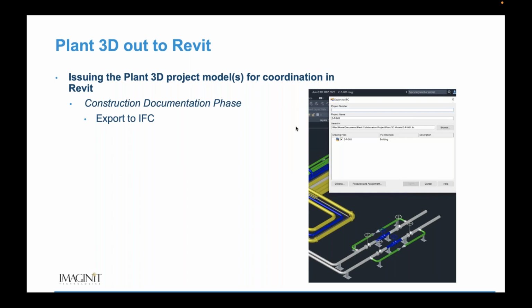The IFC has several settings in it so that you can make sure basically that pipe converts in from plant to Revit and vice versa. But this allows me to create that IFC model, or that data transfer model, that allows me to bring information into the Revit environment and to create Revit geometry that basically matches the plant model.